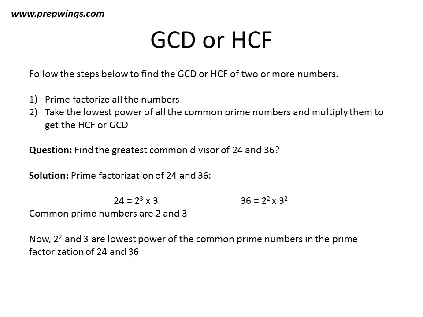Thus 3 raised to power 1, which is equal to 3, is the lowest power of 3. Okay, thus 2 square and 3 are the lowest powers of the common prime numbers. Okay, now we need to just multiply these numbers, which is 2 square into 3. So 2 square is 4, 4 into 3 is nothing but 12. Thus HCF of 24 and 36 is equal to 12.